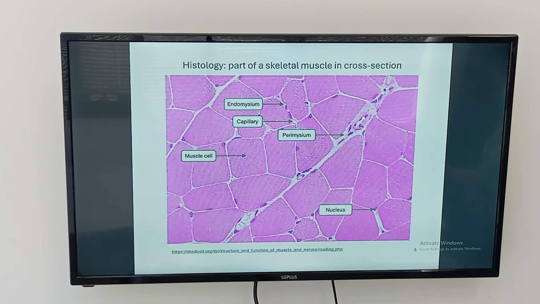This tiny, small hole is a capillary. Each of these purple squares is a muscle cell. This part is called endomysium because, as we learned beforehand, endo means within, so it is within the muscle cells. This thicker white part is called a perimysium, which connects each part to each other. And the purple dots are the nuclei.